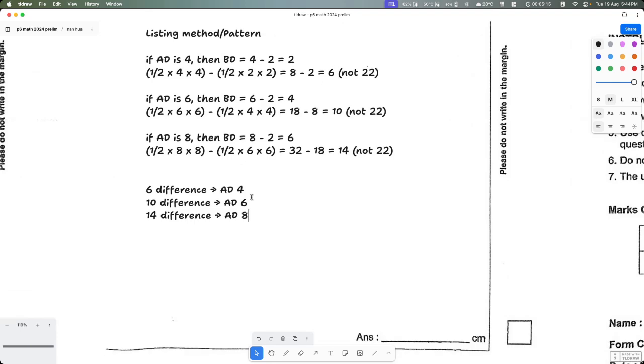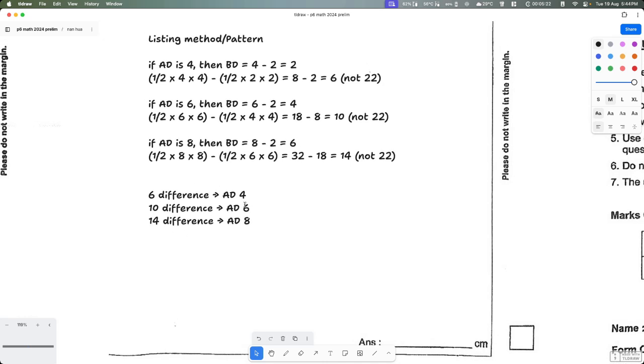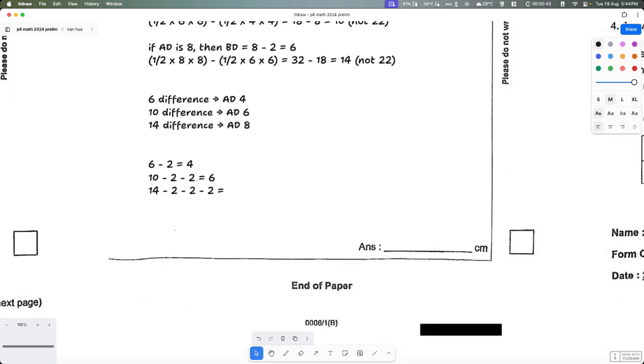So in a way we have to work backwards, right? Let's try to use the pattern. So 6 minus 2 is equal to 4. 10 minus 2 minus 2 is equal to 6. And then 14 minus 2 minus 2 minus 2 is equal to 8. So 4, 6, and 8.